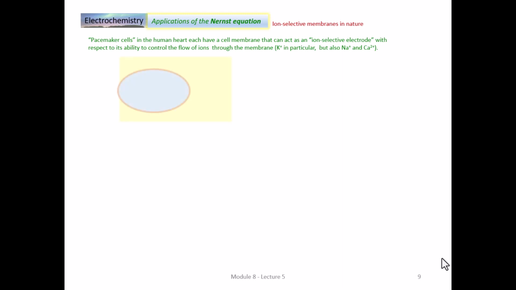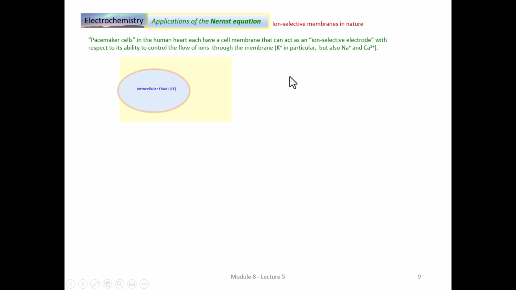So here's a rough cartoon where we attempt to draw a pacemaker cell, and we have the cell, we have an ion selective membrane around the cell, and we have what's outside the cell.